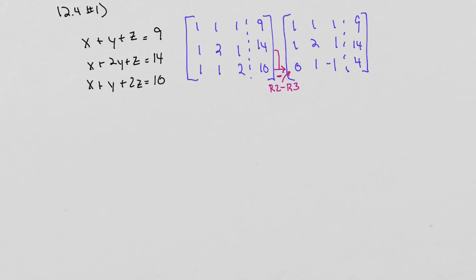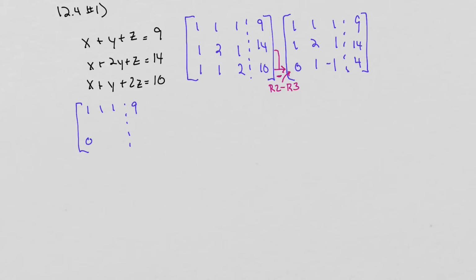We'll get an x eliminated in the second row as well by taking row 1 and subtracting row 2. So now I'm going to write the first and last rows just the way they are. So first row 1, 1, 1, dotted line, 9.